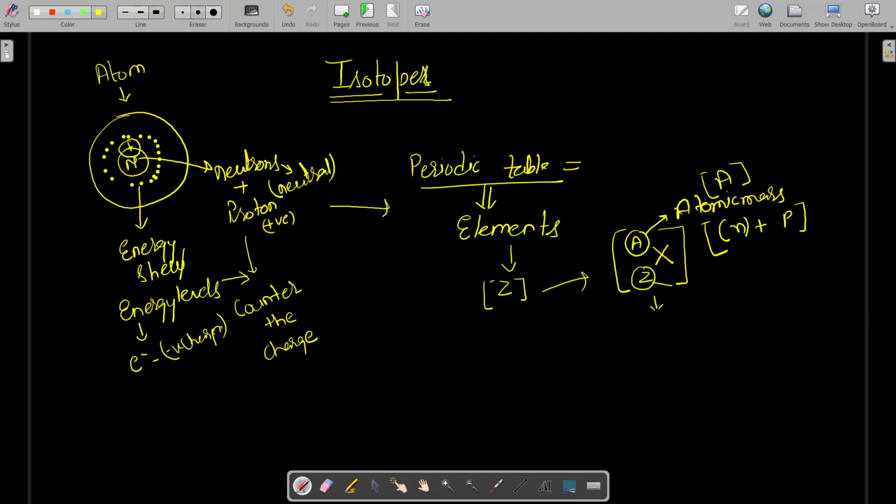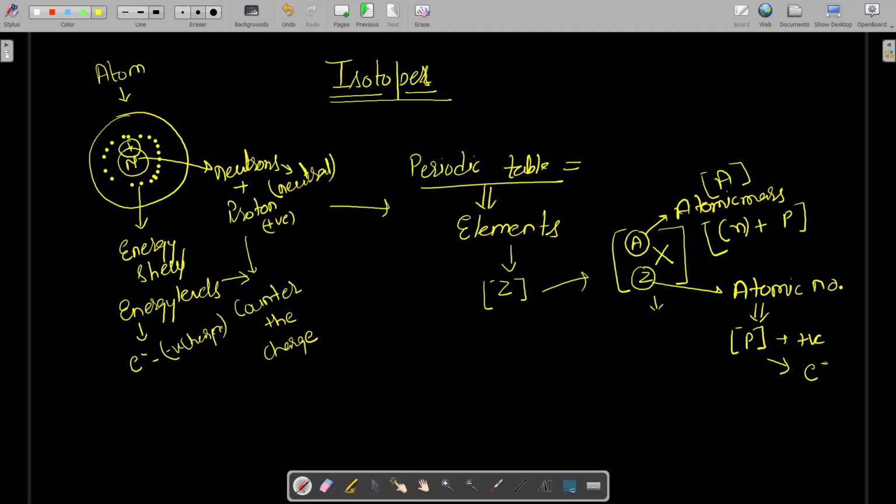Now the next one is Z, your atomic number, and it is very important because the elements in the periodic table are arranged by atomic number. What is atomic number? It is the number of protons. Protons are positive in nature, so to counter that balance, protons and electrons should be in equal ratio if we consider a neutral atom.